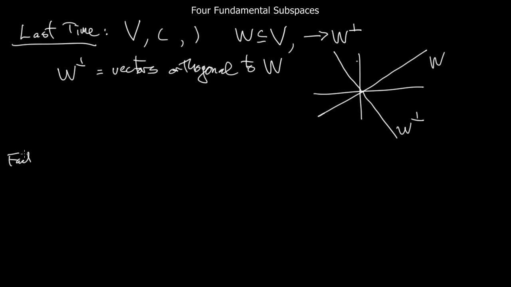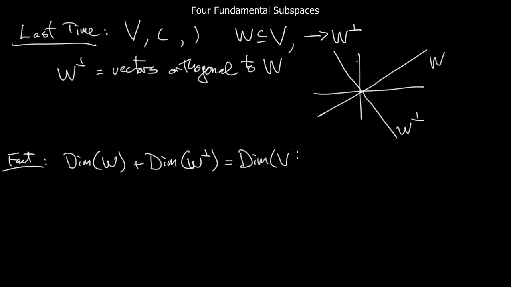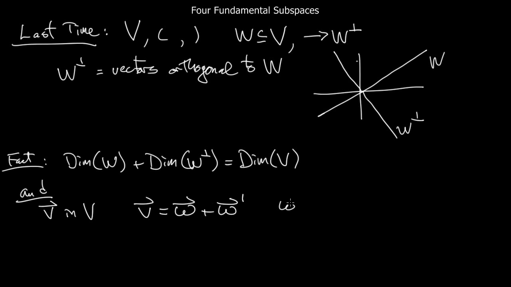Last time we talked about a couple of basic facts: that the dimension of W and the dimension of W perp add up to the dimension of the ambient vector space V. And furthermore, that you can write any vector in V as the sum of a vector in W plus a vector in W perp, and this can be done uniquely.